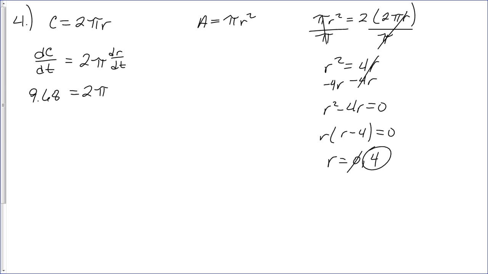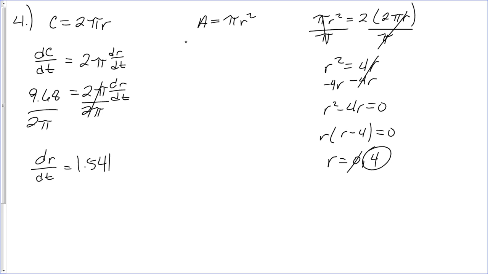That equals 2 pi dr/dt. Now we need to find dr/dt because we're going to need to plug that into this equation. We do that by dividing both sides by 2 pi. So dr/dt equals 1.541.